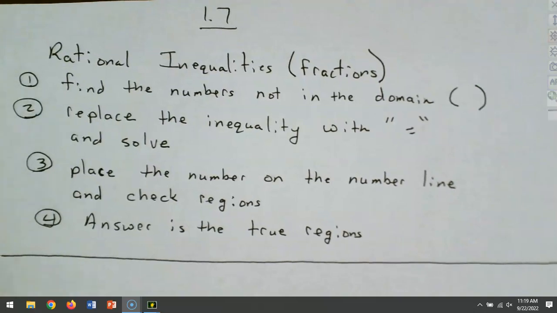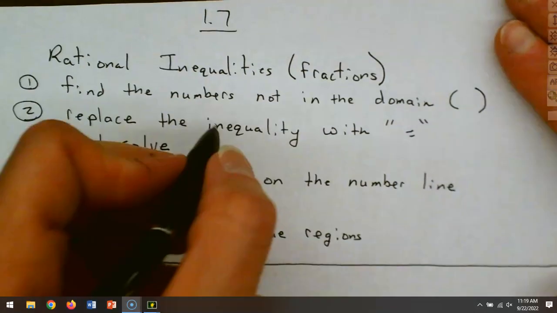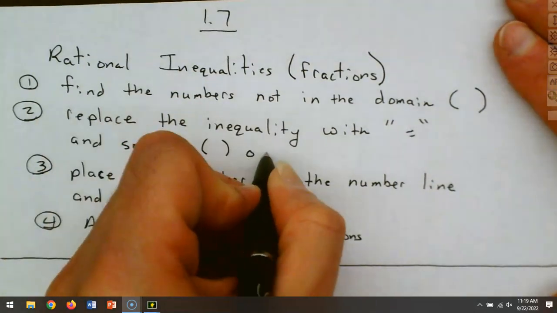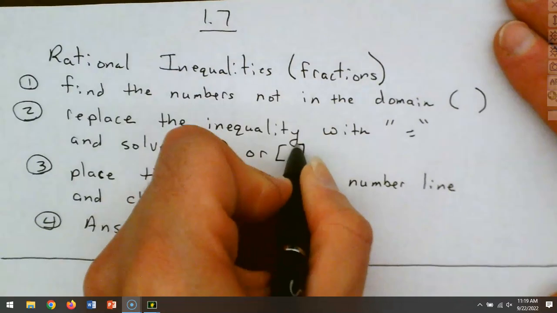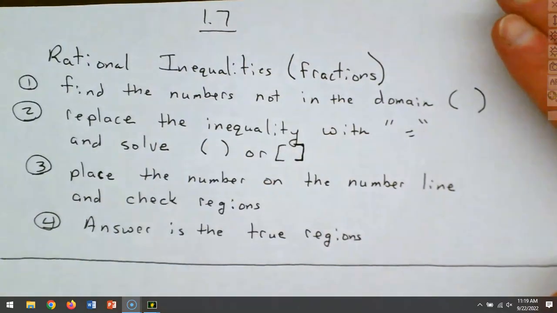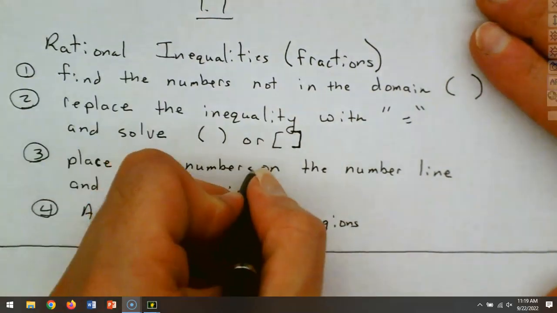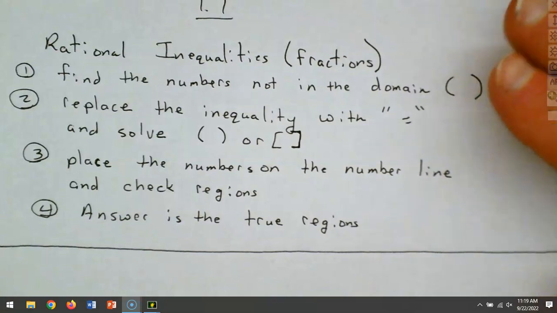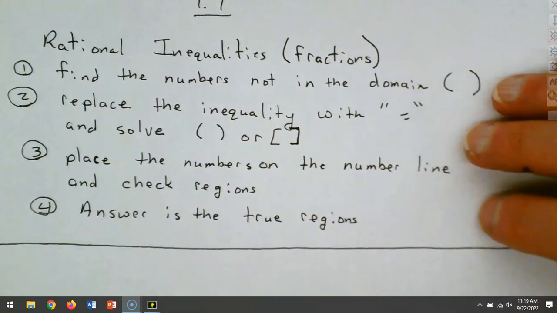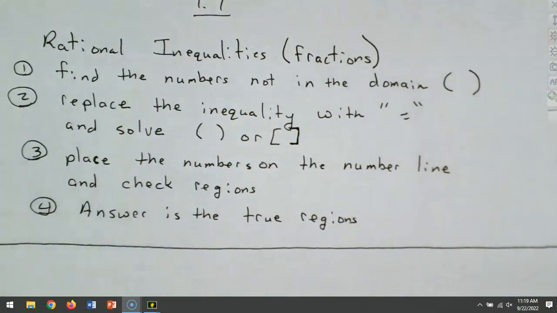On the second part, when you solve it, you could or could not get an answer. And it'll either be brackets or parentheses, depending upon the original inequalities. Then you place them on a number line, and then you check our regions. And then your answer is going to be the true regions.